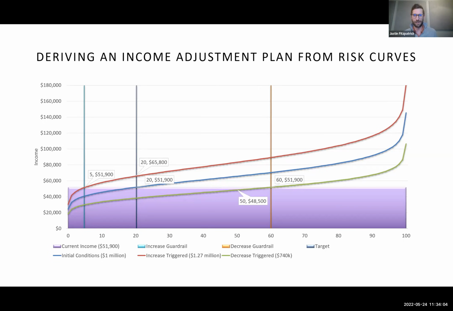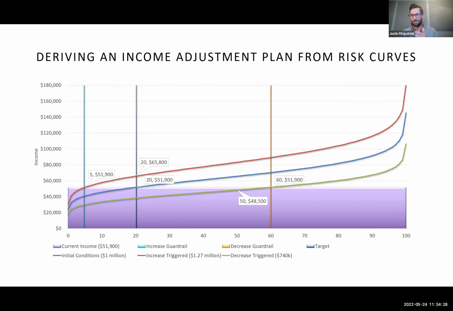This is one of the nice things about what Income Lab does, is we provide all this for you. You can actually provide a short-term income plan to a client saying, hey, if our portfolio balance changed in such and such a way, we would make an income adjustment, and this would be the income adjustment. So we can provide a dollar-based income plan to clients.